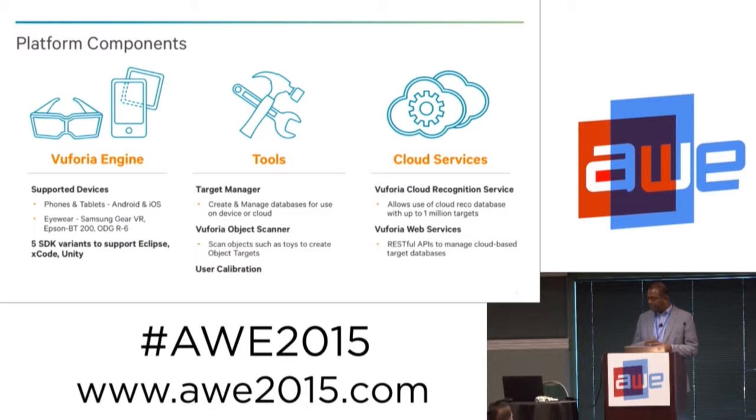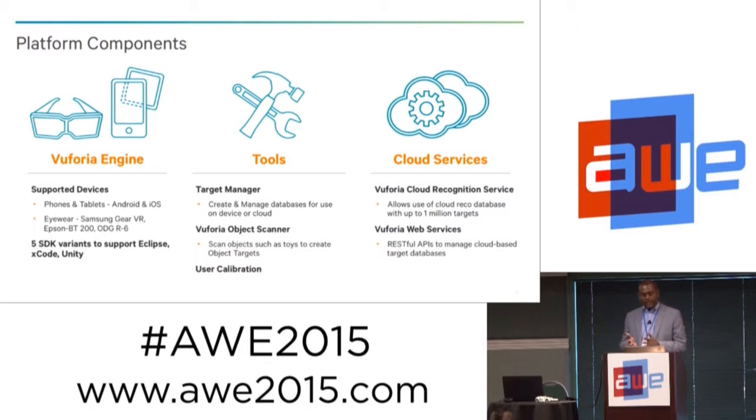But for these kinds of objects, there's no simple 3D scanning tool. So we created a simple app, and I'll show you a demo of that app in a second. Basically, it lets you scan the object, gives you some real-time feedback, and lets you do some quick testing to see if your scan was good or not. And then you can upload it to our target manager.